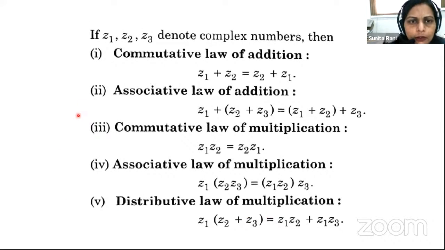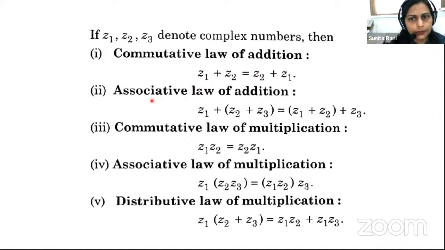What is the commutative law for addition? If there are two complex numbers and we add them like Z1 plus Z2 or Z2 plus Z1, we get the same result. This is the commutative law of addition. There is no effect on the addition; in any order we can add.